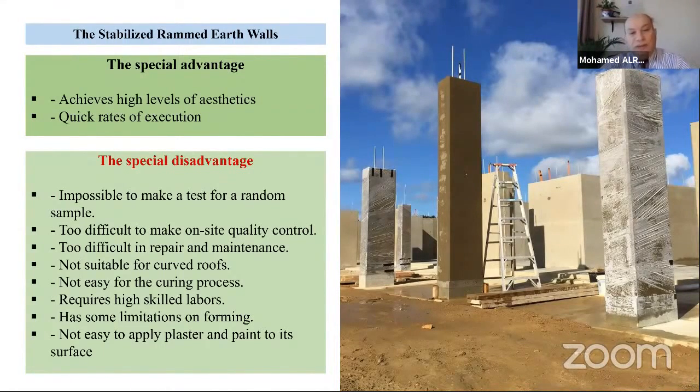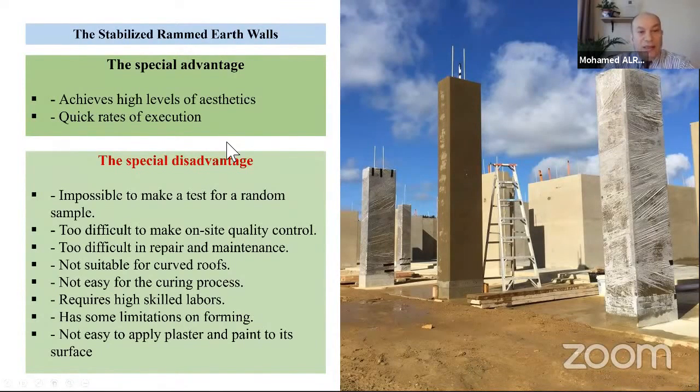And it is too difficult to do on-site quality control, because at the moment you remove the form, you have the sample, the produced piece of wall. So you cannot control during the process.